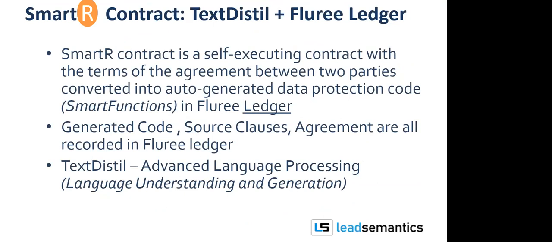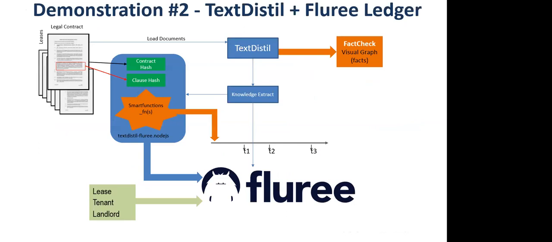The smart contract itself is in a way self-executing. It's not executing totally per se, but at least it has the code to defend itself. And the code is generated automatically with the knowledge that is extracted. So that is the key. We also generate the hash code for the entire agreement, the source clauses that generated knowledge, and the code itself.